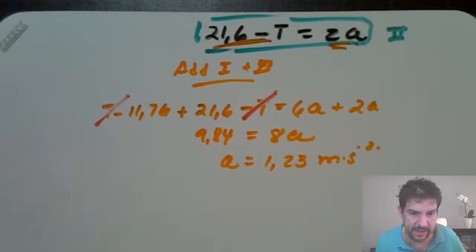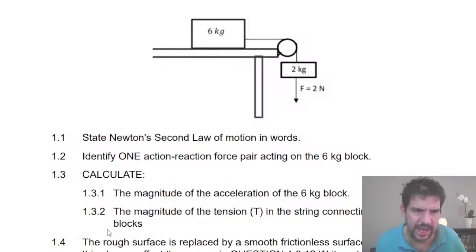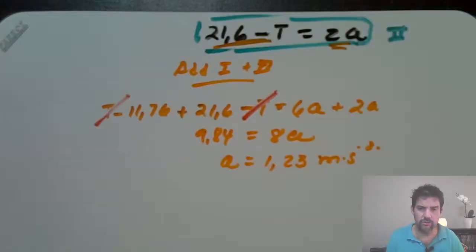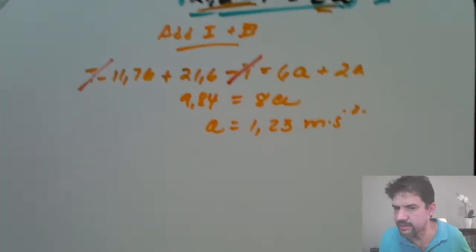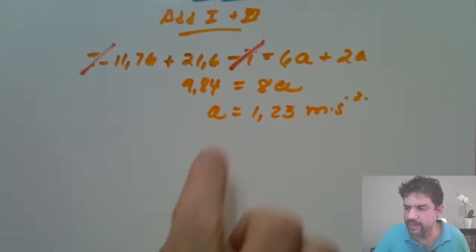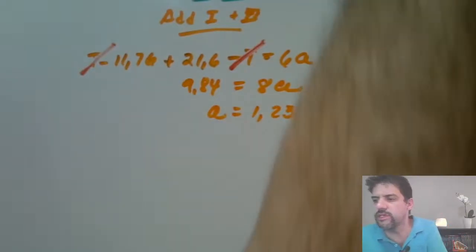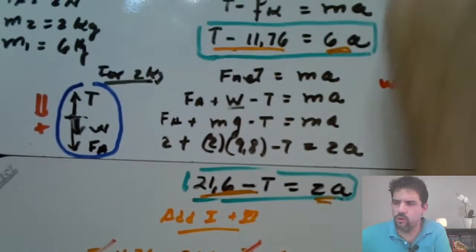Anyway, we calculate the acceleration. The question actually asks to calculate the acceleration, and then the question is asking to calculate the tension. Now, to calculate the tension is easier because we take the acceleration and we substitute in either equation 1 or equation 2.